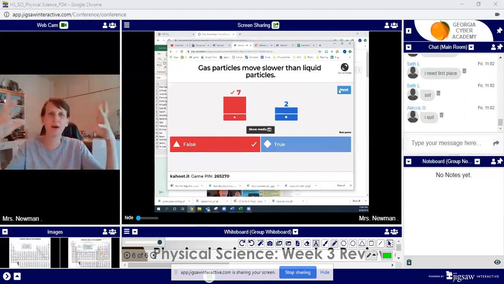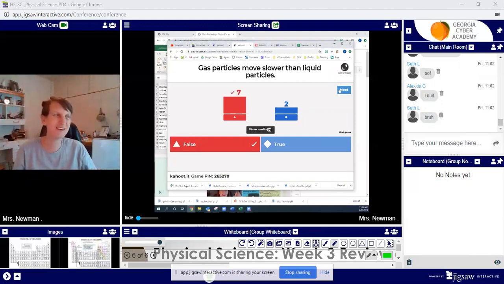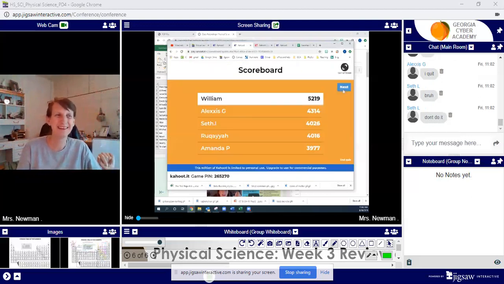The further apart the particles are, the more energy they have, the hotter they are, the faster they're going. Oh no, Alexis, don't quit. No quitting. William is still in the lead. And Seth, look, you're at third, you're coming back.